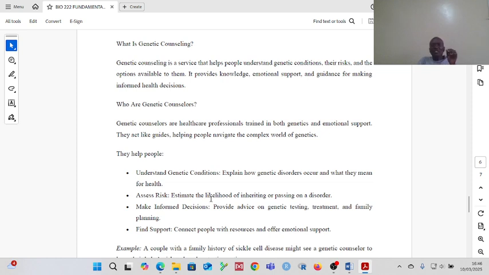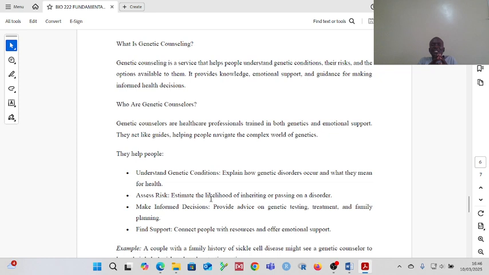So the process in which you can be taken through so that you are helped to understand these genetic conditions, the risks that they pose to you and to the future generations, then the options that you have available concerning those genetic disorders. That service is what we call genetic counseling.